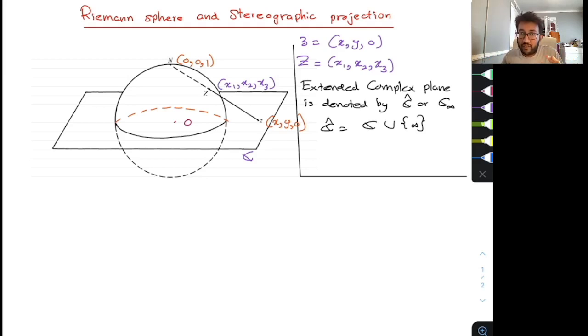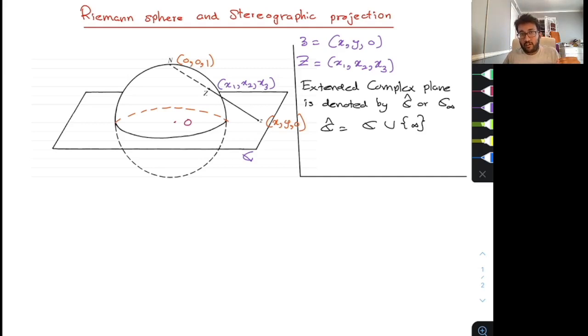So according to my figure, I have the north pole of my unit sphere and then I have a point, small z, which lies on my complex plane, and I have drawn a line which connects my north pole and the complex number z. Right.